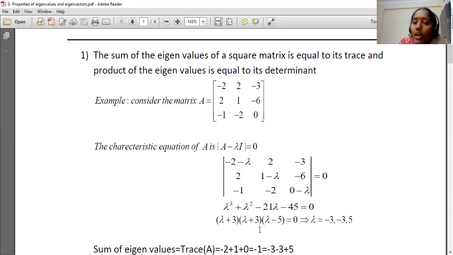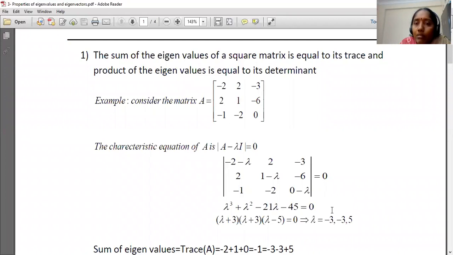Rewrite this equation as a product of linear factors, either by using a calculator or by manual division. Lambda plus 3 into lambda plus 3 into lambda minus 5 is equal to 0. That is, lambda is minus 3, minus 3, 5. These are the eigenvalues. Now we apply the property.